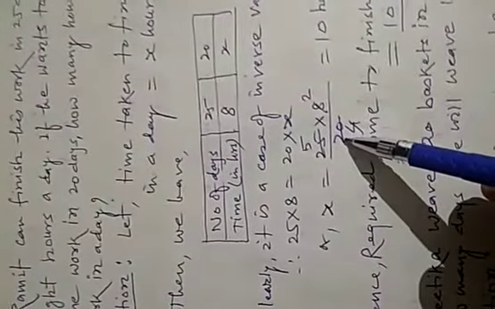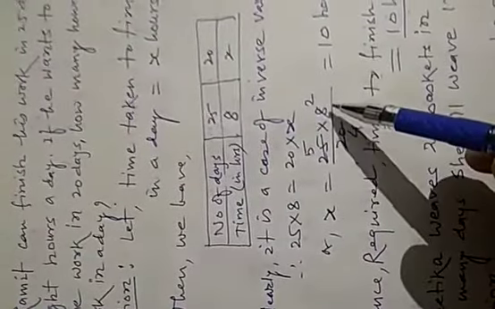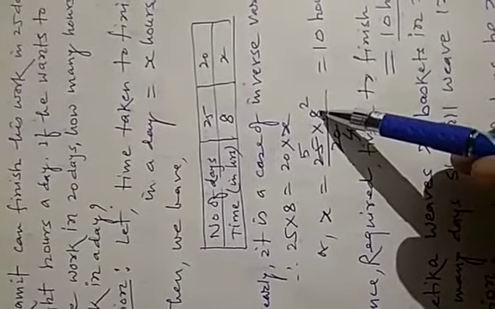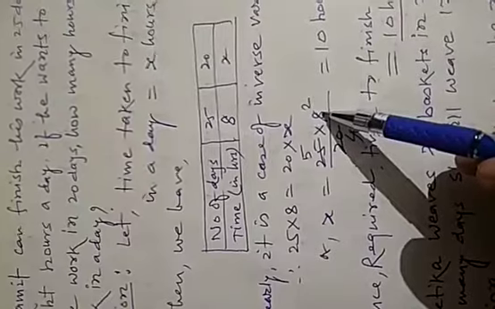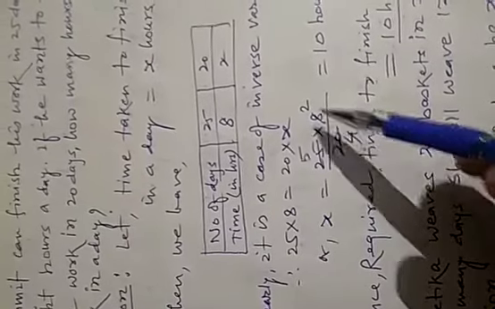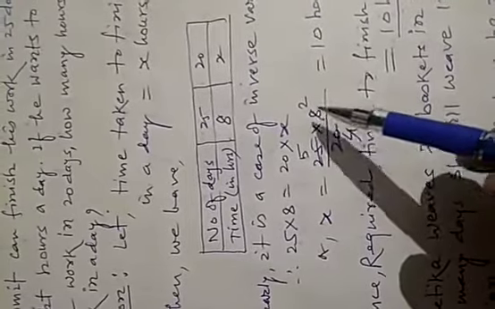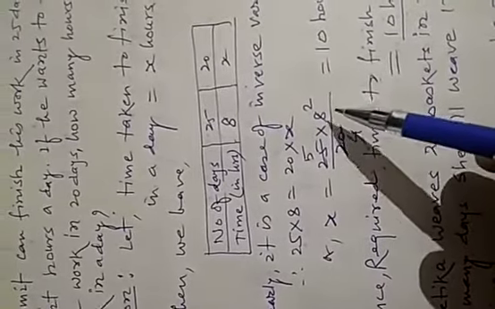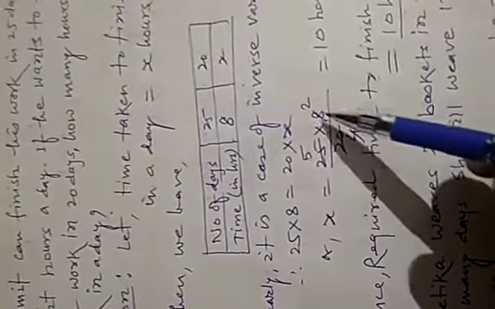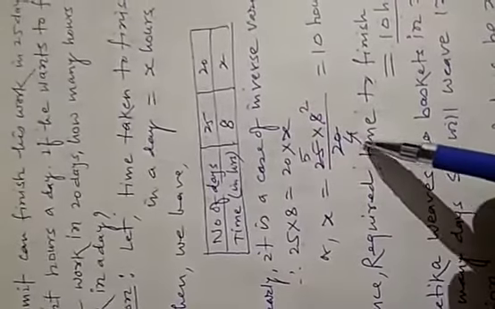When we divide 20 by 8, then we get the result 2 and 4.